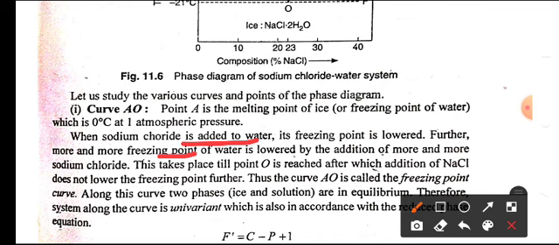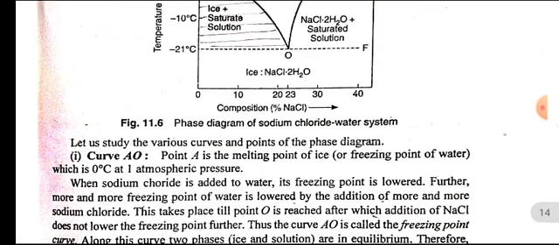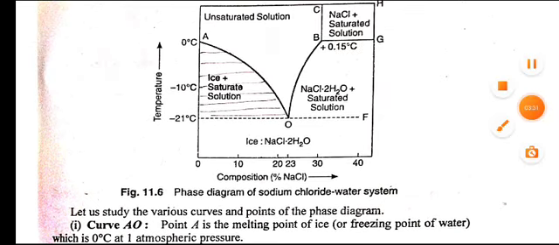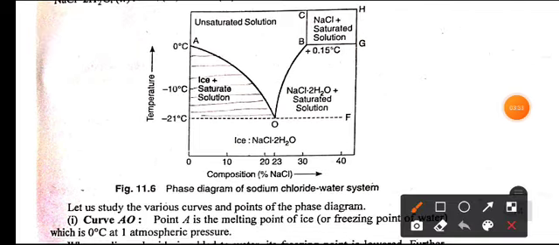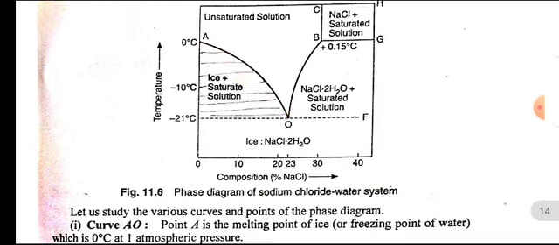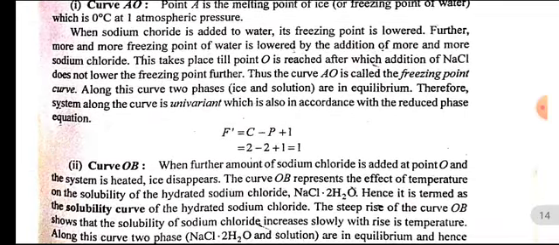Along this curve, two phases are in equilibrium, that is ice and solution. Ice and solution are two phases which are in equilibrium with each other along this curve.